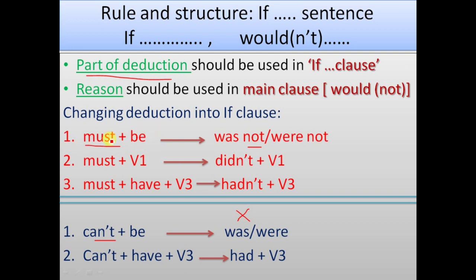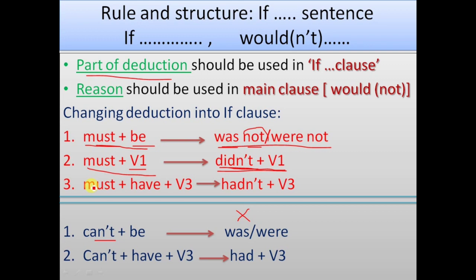If in the given part of deduction there is must be, it should be changed into was not or were not. We are changing be into was or were. The sentence is positive, therefore we are making it negative. Similarly, if there is must plus V1, we have to change it into did not plus V1. We are using the same verb, but we have to make it negative here, past negative, therefore we are using did not plus V1.